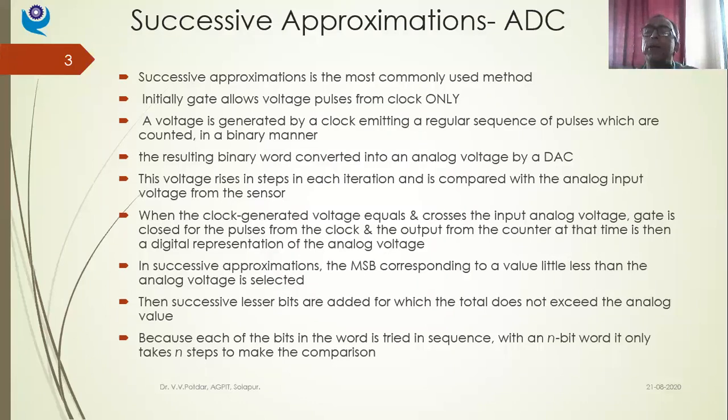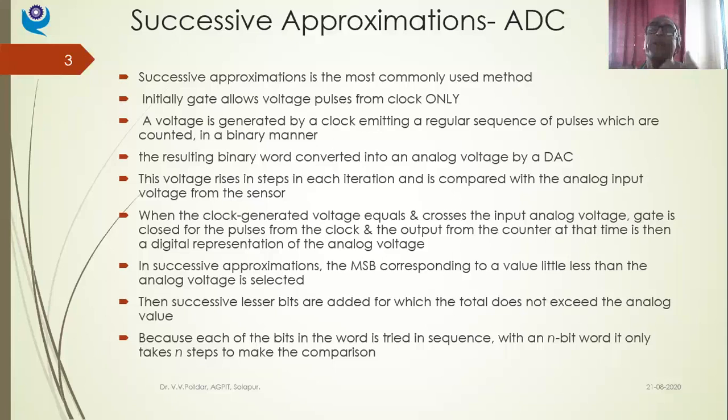Take a piece of paper and write 1000. The most significant digit corresponds to 2 to the power 3, the next to 2 to the power 2, the next to 2 to the power 1, and the last digit to 2 to the power 0.